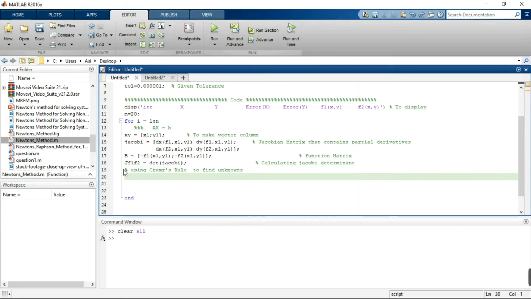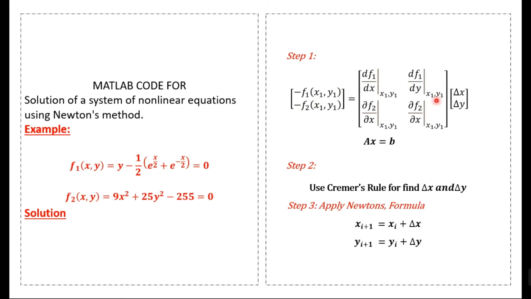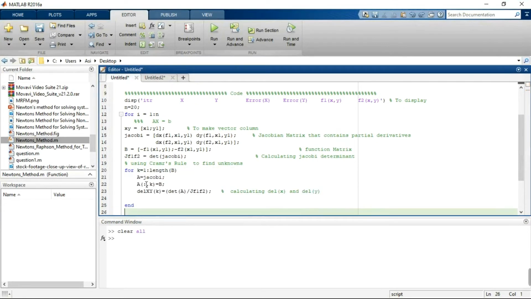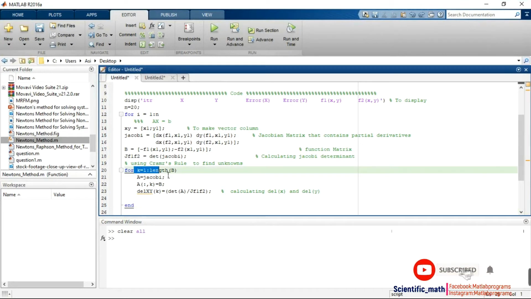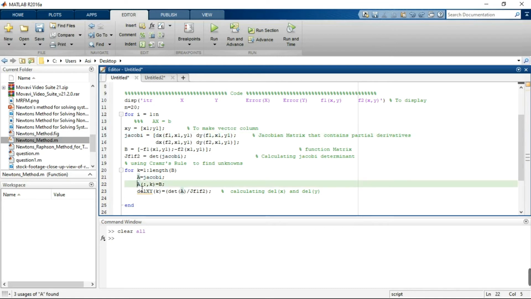And then we use Cramer's rule after writing the matrices. After writing all these matrices, we use Cramer's rule to find the values of the unknowns, that are del x and del y. Next we have the command for Cramer's rule. k is equal to 1 to length of b, and A is equal to the Jacobi matrix, with all rows, and column k is equal to b.